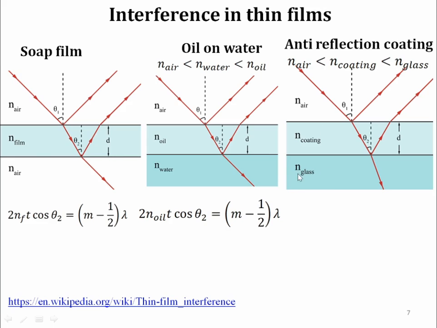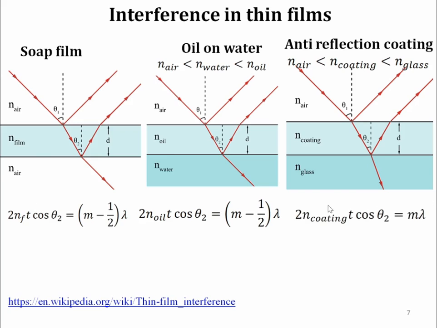So this medium has the highest refractive index, this is lower, this is lowest. So this comes this way, so this is a rarer medium going back to the rarer, it will suffer a phase change of pi by 2. Same here, it is rarer with respect to this one, so it comes here, reflects, so here again it suffers a phase change. The optical path difference will be the same one.